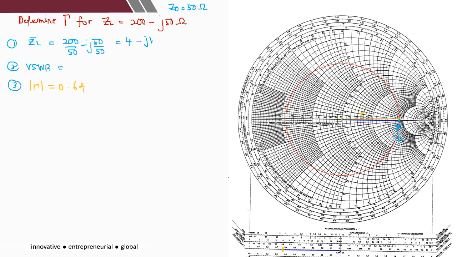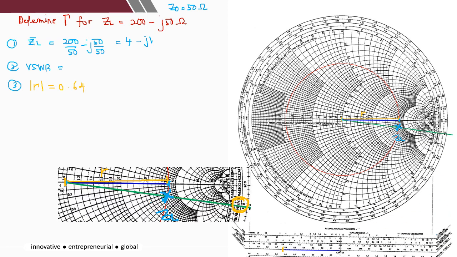Next, draw the angle line from the center, crossing the impedance point, and read the angle there.